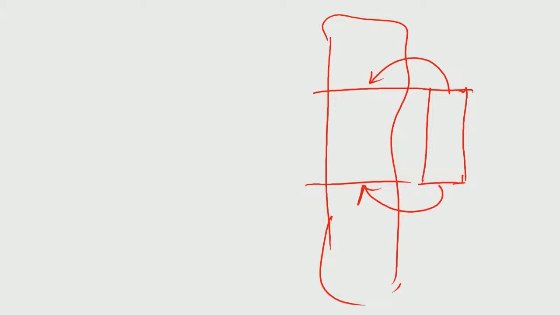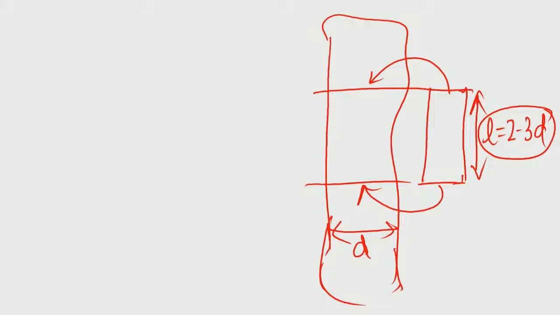The definition of a critical size defect is that if you cut a large piece of the bone structure and try to replace it with an implant, the length of the implant, L, should be somewhere between 2 to 3 times the diameter D of the diaphysis of the host bone. If you maintain this kind of dimension, then it is called a critical size defect.